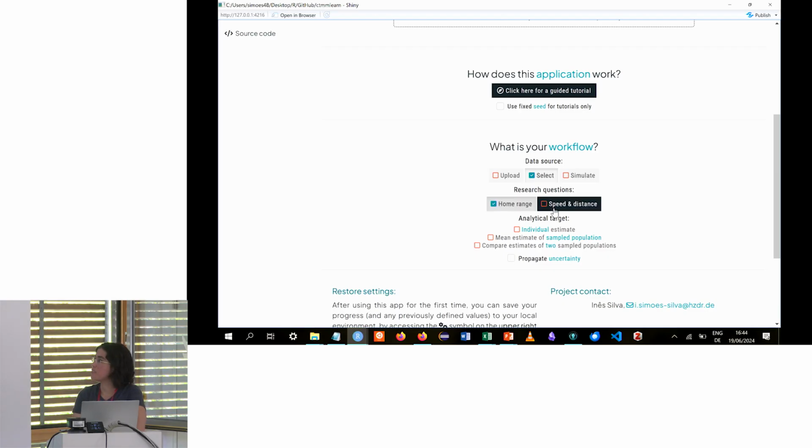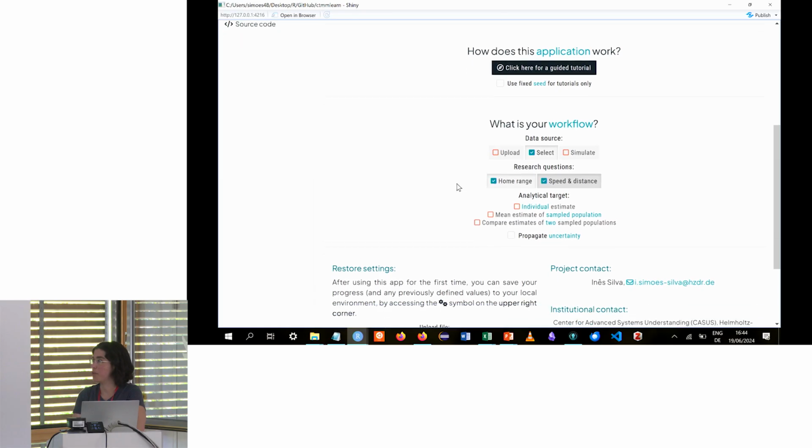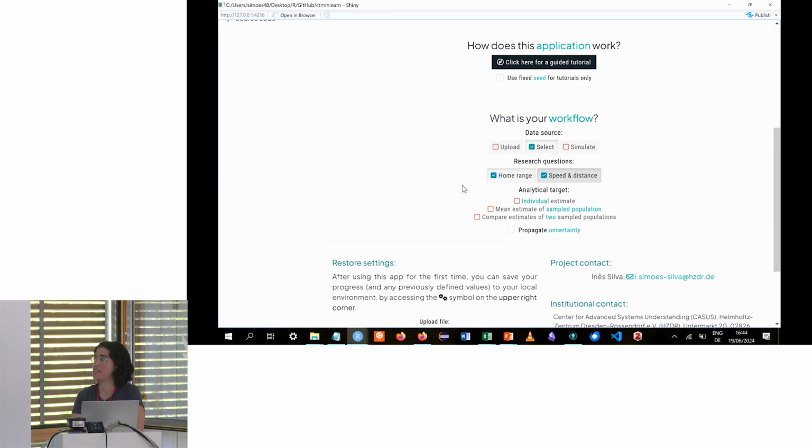So in this case, we can set our research questions. For example, right now I can set both: I want to have both home range and maybe speed and distance estimates for my purposes, right? And this is essentially the analytical target. Maybe you're interested in whether, for this particular individual, you get a reliable estimate of these parameters. That's what that one means.